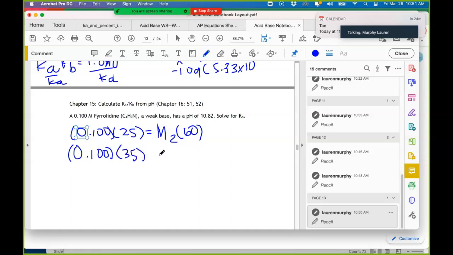Again, they should both have the same final volume because now they're both in the same container. That container is your Erlenmeyer flask. So the molarity of the acid when it's been diluted, but before it's reacted, is 4.166666666.